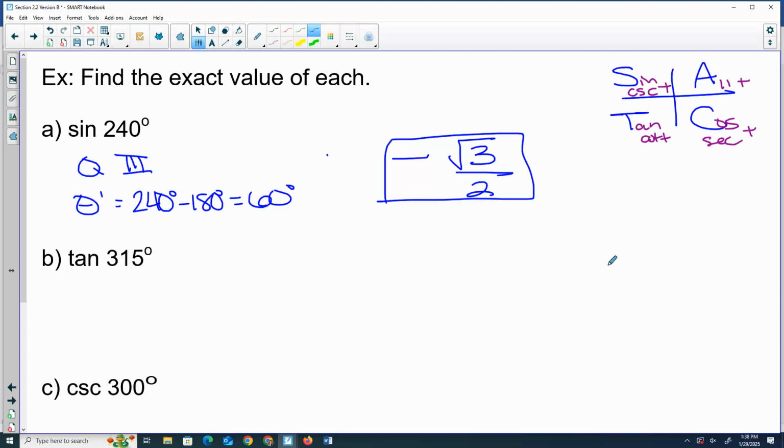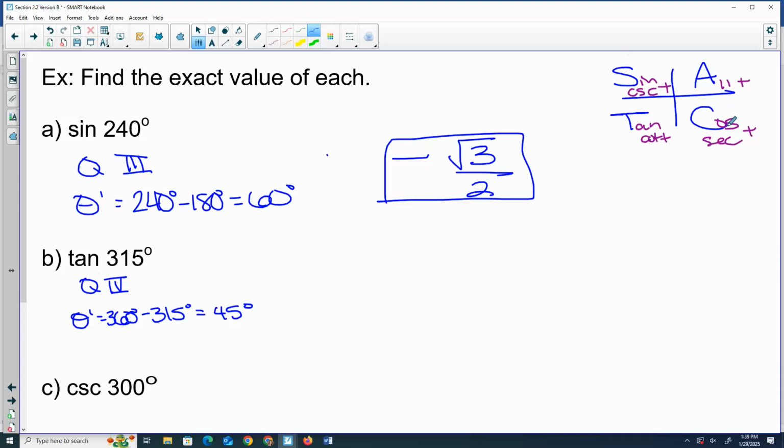So if I ask for the tangent of 315 degrees, what quadrant is 315 in? 4. Reference angle in quadrant 4, we do 360 minus 315. And if you ever get confused on that, draw yourself a picture, just like we figured them out before we wrote the rules, and get 45.